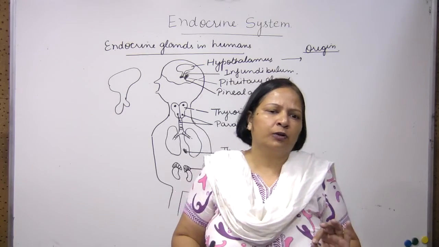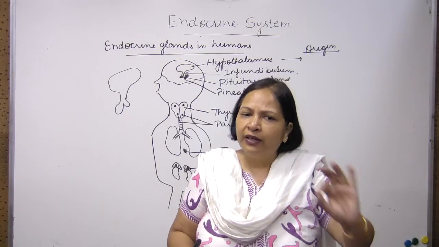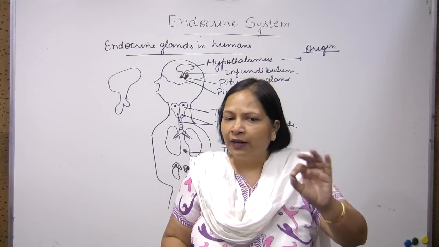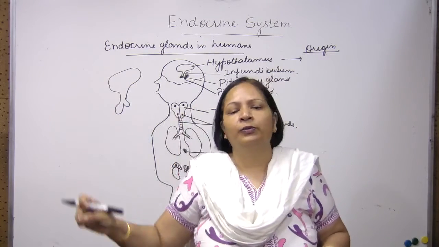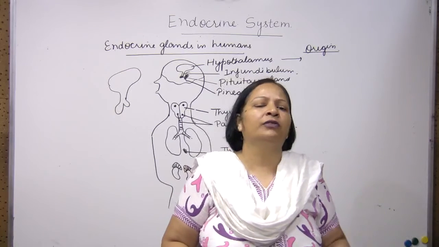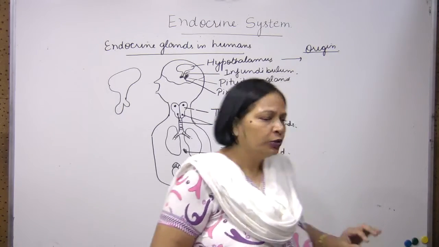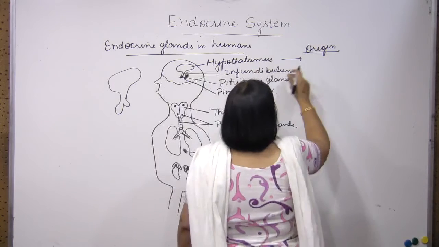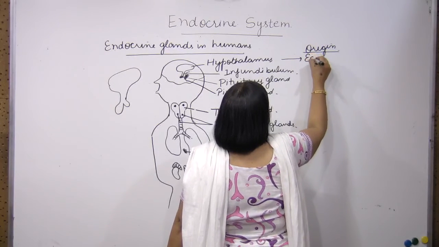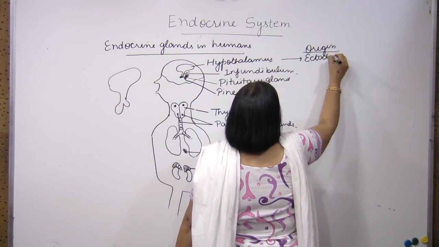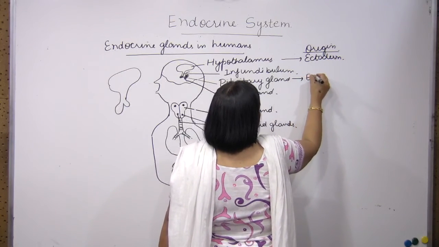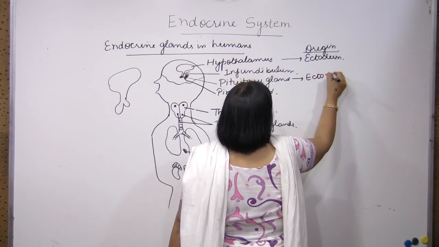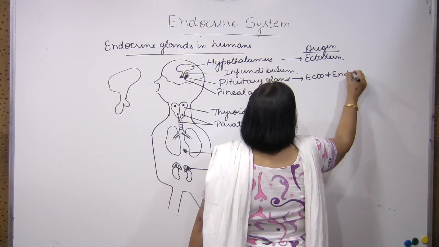These are called germ layers, and various organs develop from them, and it is fixed that this layer will form these organs. So the hypothalamus arises from ectoderm. Pituitary gland develops from ectoderm and endoderm.